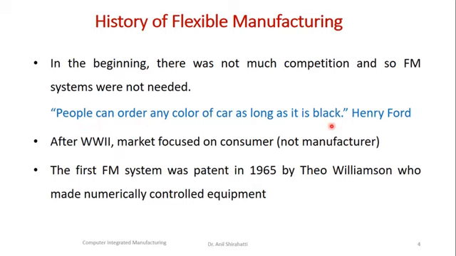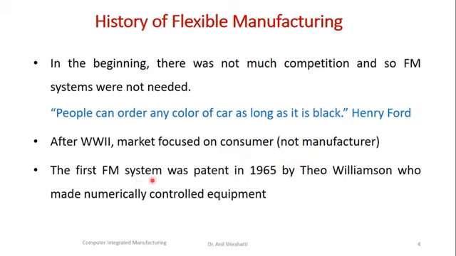So what it means is, it was a seller's market. The seller decides which car to produce, which color to produce, everything is decided by him. The customer's only choice was to pay whatever the seller says, and whichever color he gives, he has to take it. After World War II, the market focused on the consumer, not on the manufacturer.